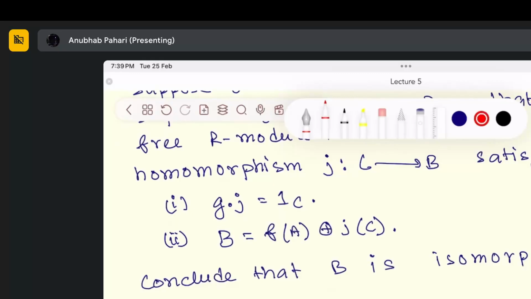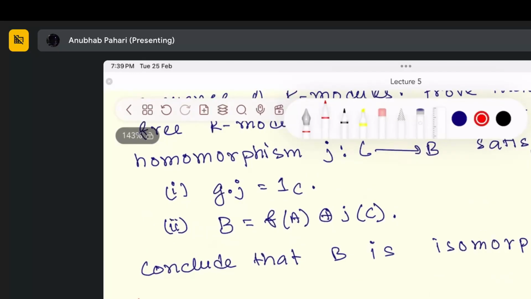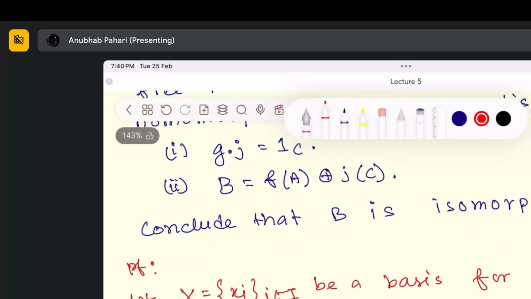Since small g is surjective, for each i we have b_i such that g of b_i equals psi. Set j0 of psi as b_i for all i.